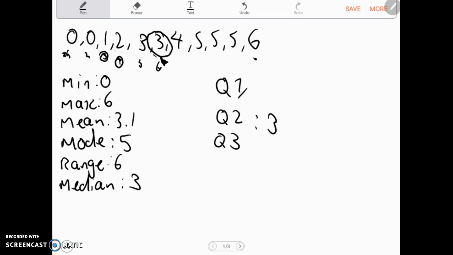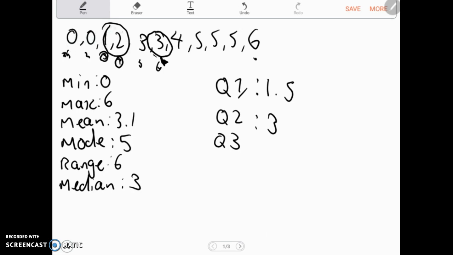And if we've got 2 medians, we just find the average. The average between 1 and 2: we add 1 and 2 together, which is 3, divided by 2, which is 1.5. I'm just going to circle those there. So Q1 is 1.5. Again, to find Q1, you just go from the median and the minimum value, and you find the halfway point.